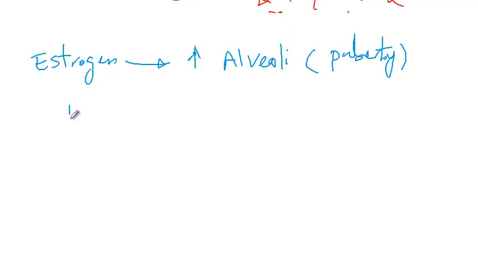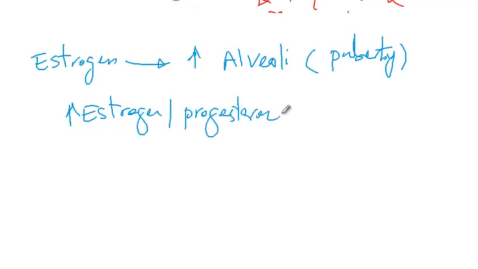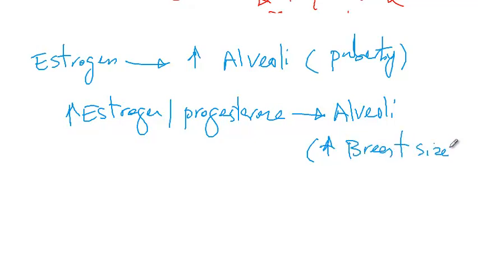During the menstrual cycle, on the other hand, there would be increased estrogen as well as progesterone secretion that would now induce further growth of the alveoli or acini. As a consequence of which, there would be further increased growth in the breast size. So there would be increased breast size during puberty, and then later on during the menstrual cycle, from increased secretion of estrogen or progesterone, there could be further increase in the breast size.